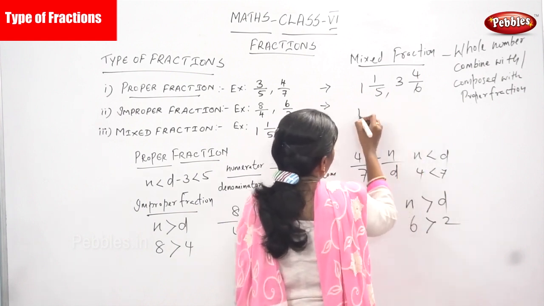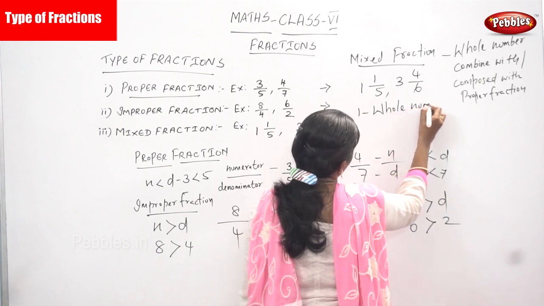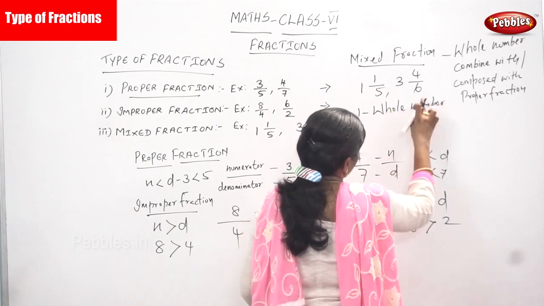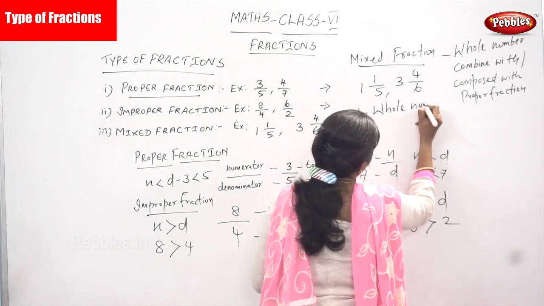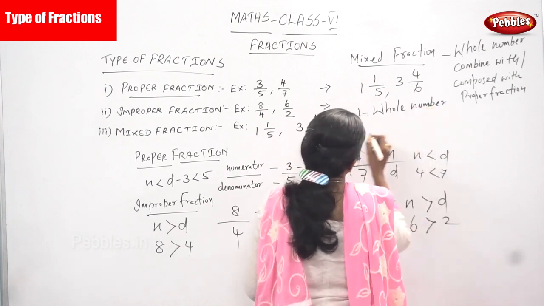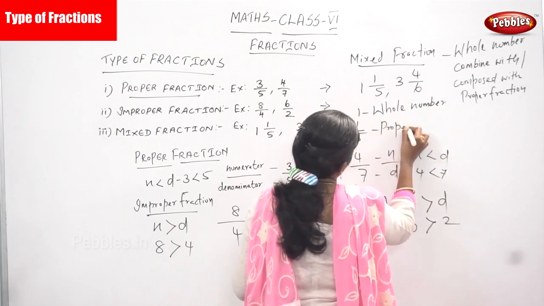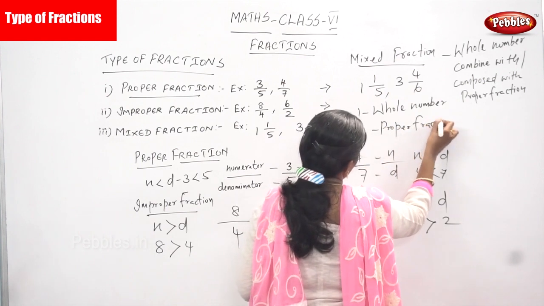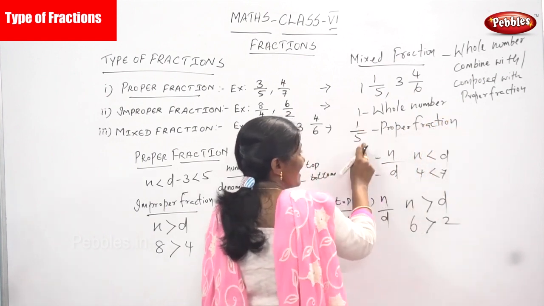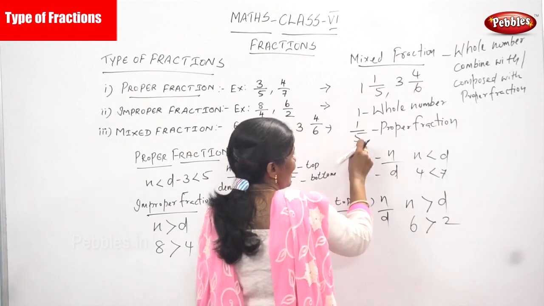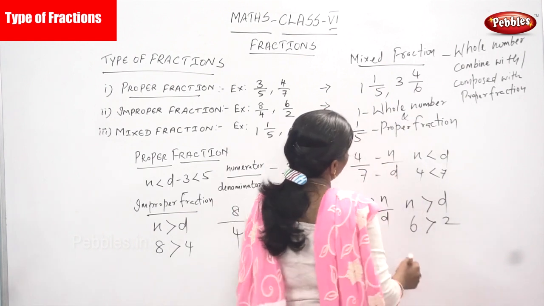In 1 and 1 by 5, 1 is a whole number and 1 by 5 is a proper fraction. Proper fraction means, as you know very well, the numerator is less than the denominator. So 1 is less than 5. These are combined together, and it is called a mixed fraction.